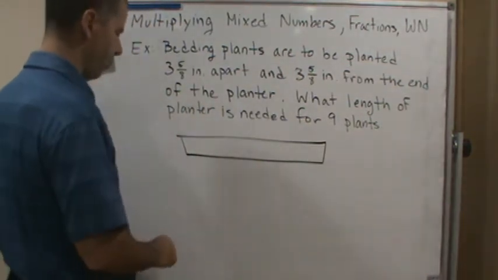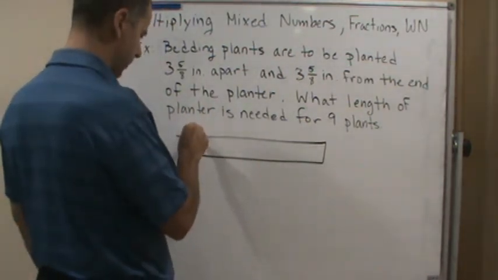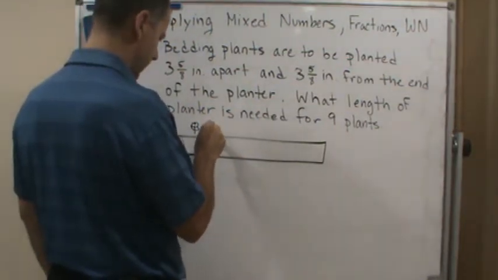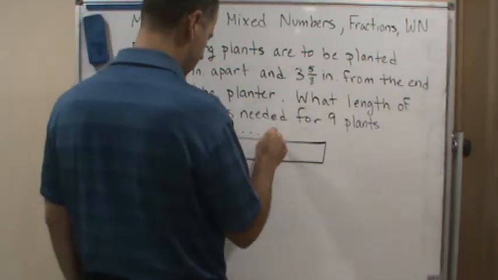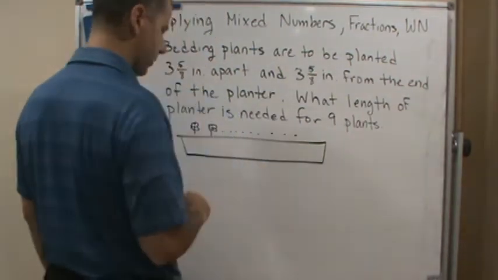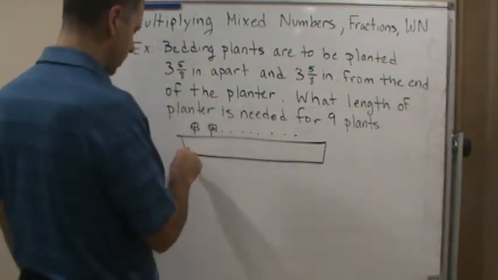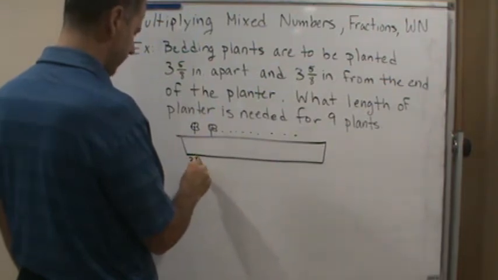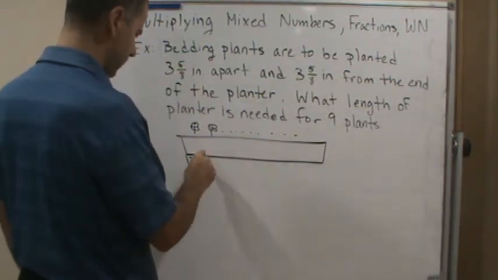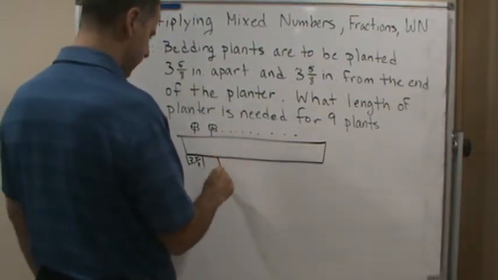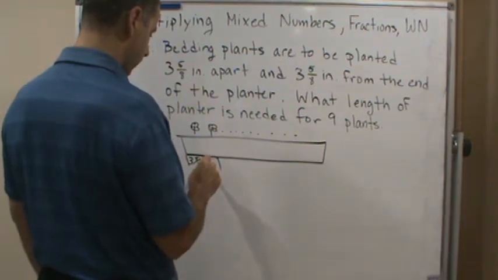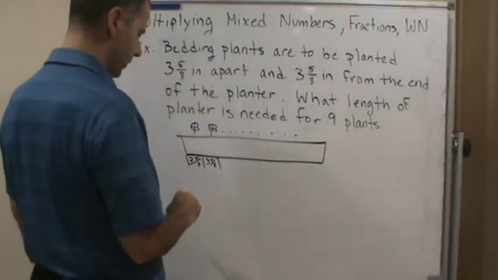And so we want 9 flowers across, and we want the flowers to be 3 5/8 inches from the end, and we want each plant to be 3 5/8 inches apart, right?